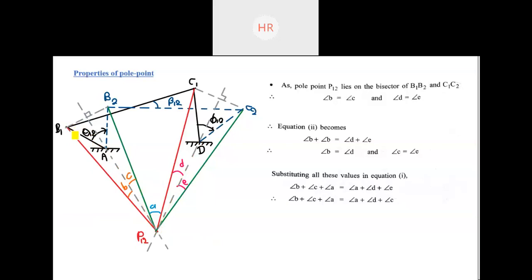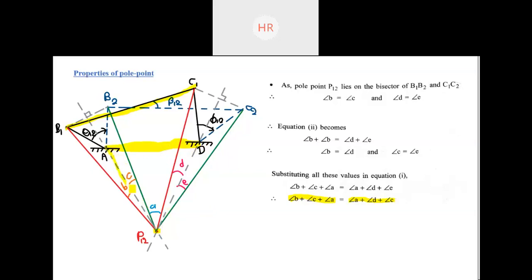So now observe this. Angle B plus C plus A means कौन सा एंगल? Angle made by this link B1 C1 or this position B1 C1. ये जो लाइन है B1C1 वो जितना एंगल बनाती है, B plus C plus A at pole point, is equal to angle A plus D plus C, means angle made by this fixed link at pole point.